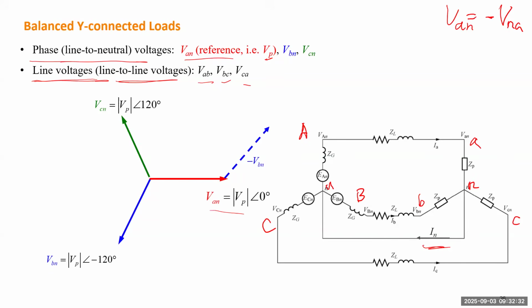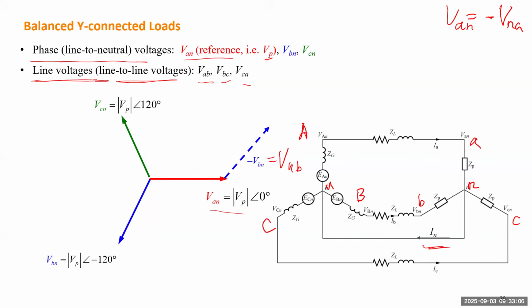Similarly, when we see something like VAB, which is how much A is higher than B, and which is negative VBN. So now we draw a phasor here. This will be a negative VBN, which is equal to VNB. Okay, so be careful with the subscripts.